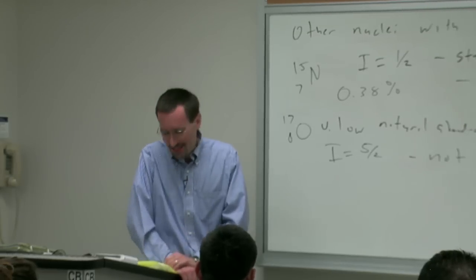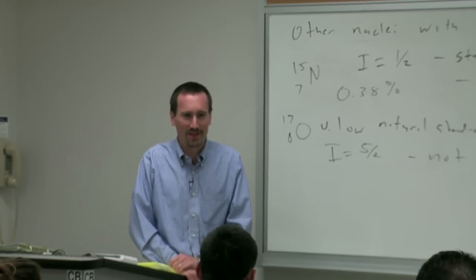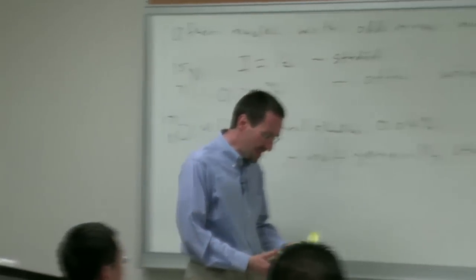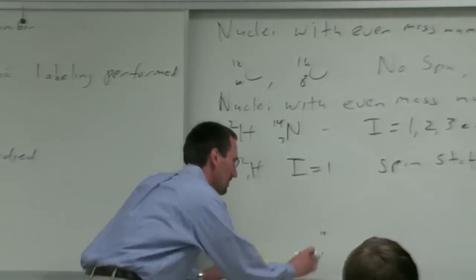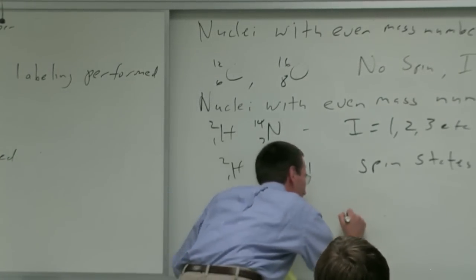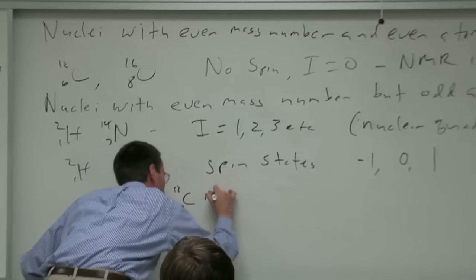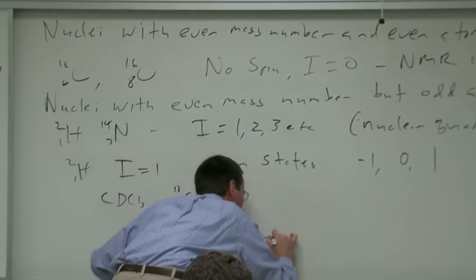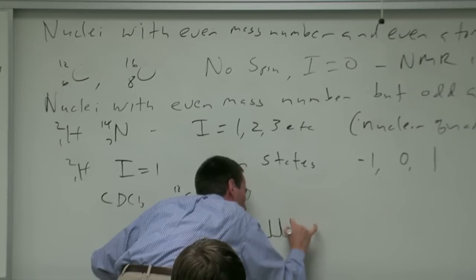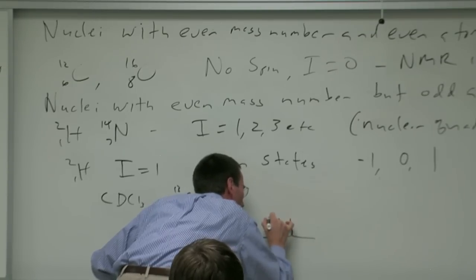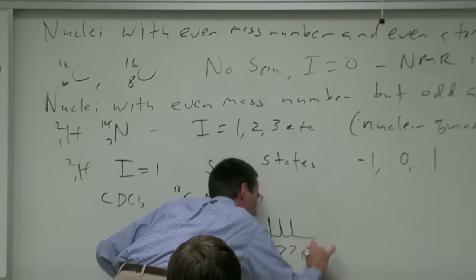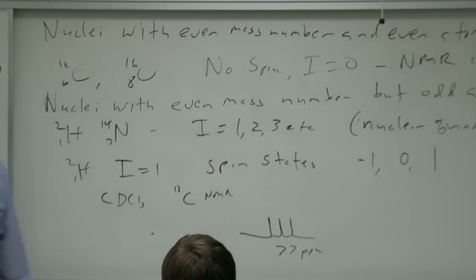And what do you always see when you run an NMR spectrum in deuterochloroform? A triplet, and a very interesting sort of triplet. So for CDCl3 in the C13 NMR, you see a 1 to 1 to 1 triplet centered at 77 ppm.